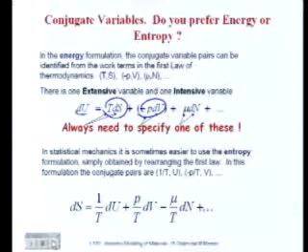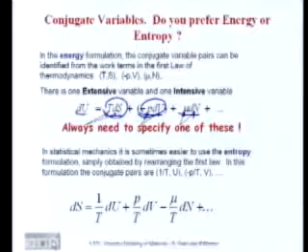You can write that from different contributions: TdS you could think of as the heat flow, PdV as the mechanical or volume work done, mu dN as the chemical work, where mu is the chemical potential and N is the number of atoms of a given type. Remember, these are conjugate pairs. S is extensive, T is intensive, V is extensive, P is intensive, N is extensive, mu is intensive.